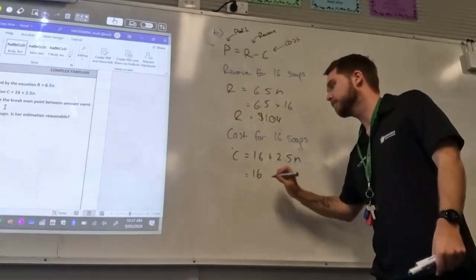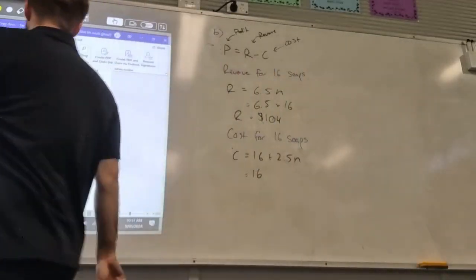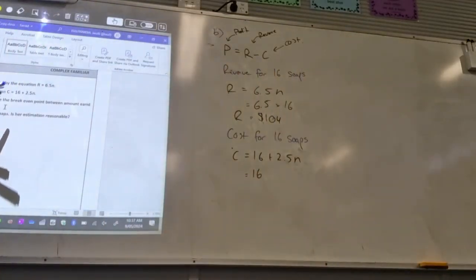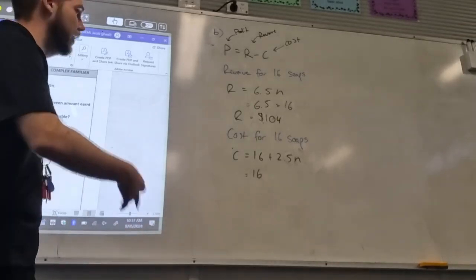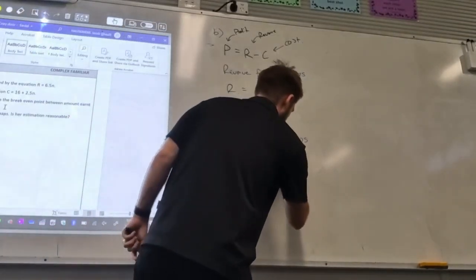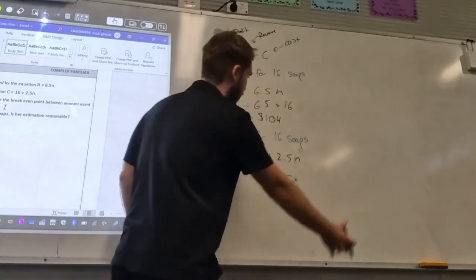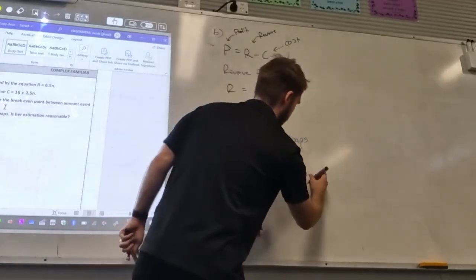That's just the equation that we were given. It tells me that maybe just by starting her business it costs $16, and then every soap costs $2.50. Maybe it's her website that costs $16, and then every single soap we make, times 16.